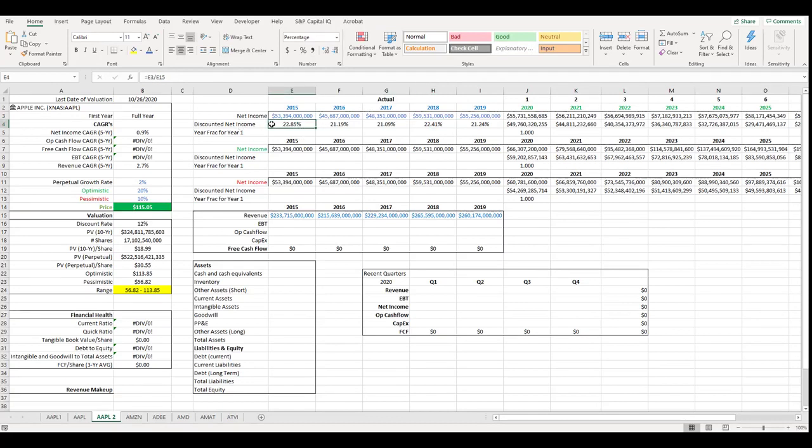Now, this is labeled wrong just because I have it weird, and I need to work on my spreadsheet, I guess, but I put the profit margin here as well. I define profit margin as net income over revenue, so it's taking net income over revenue right there. It's not even growing.